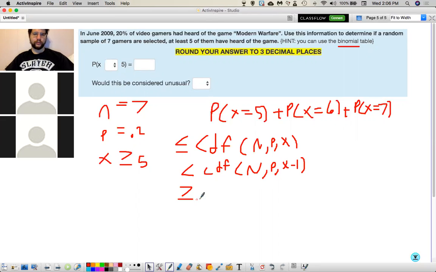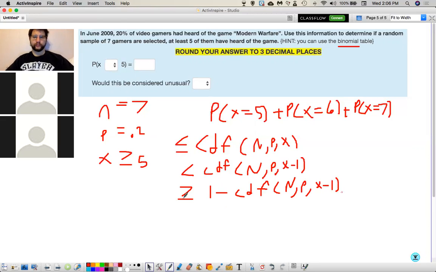Greater than or equal to, well, that's where you got to think. It's the complement of something. Greater than or equal to is the complement of less than. So it's 1 minus CDF, or use N, P, X minus 1. If it was strictly greater than, well, that's the complement of this one.